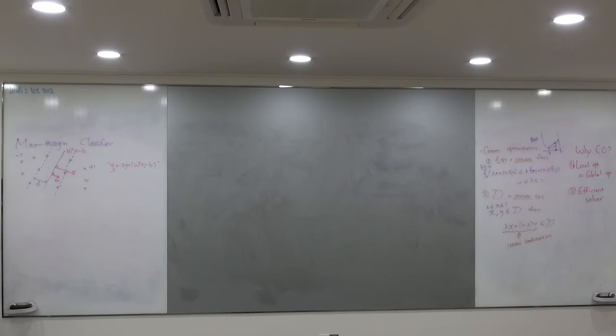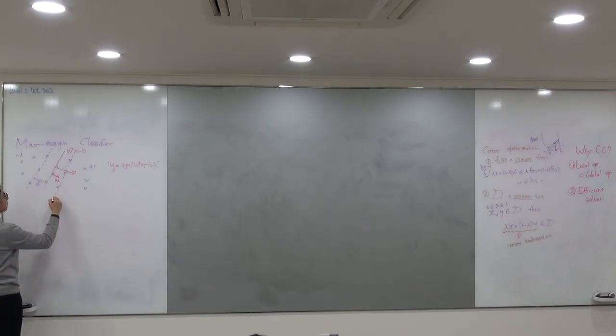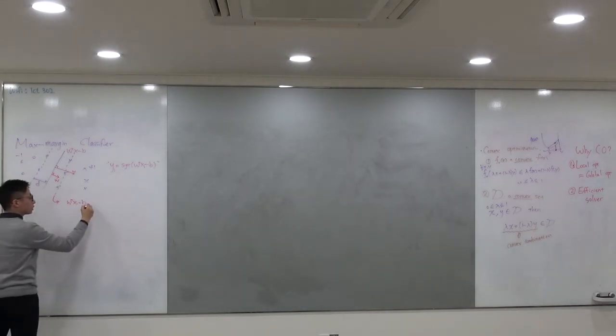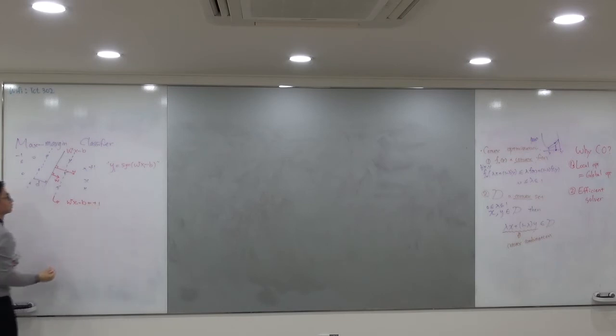So by exploiting such freedom, we do a little trick so that for examples on this dotted line, this formula should always produce +1.